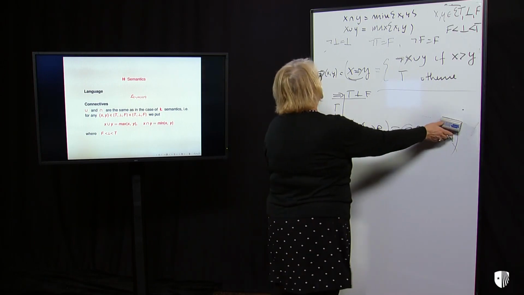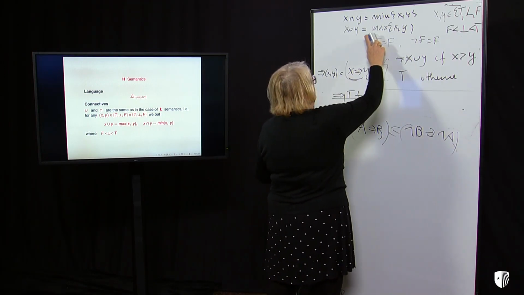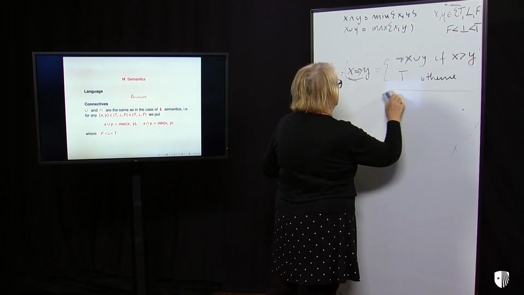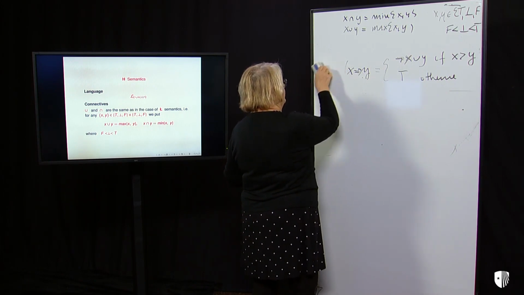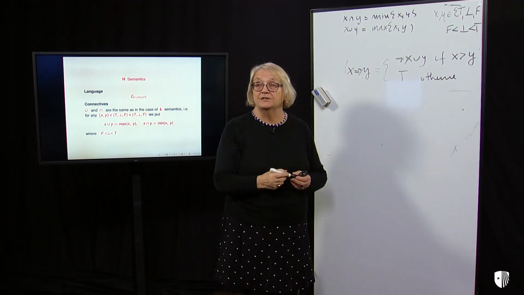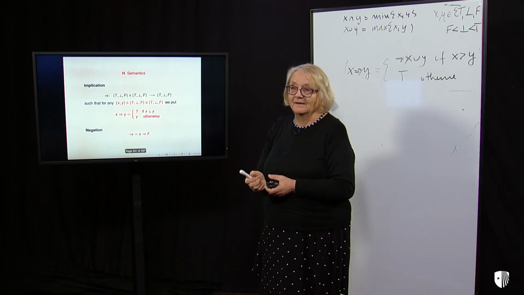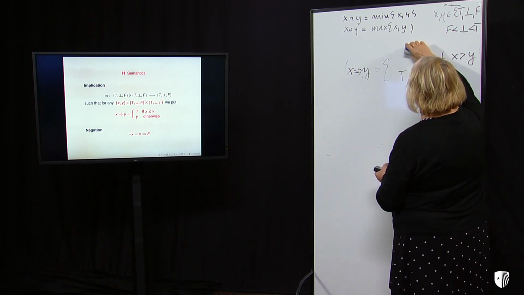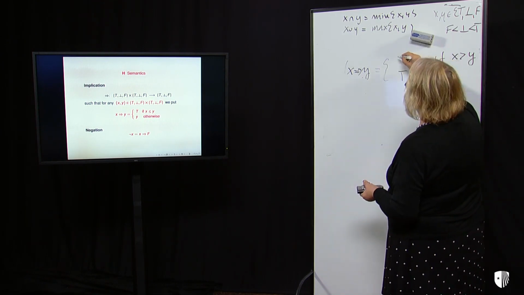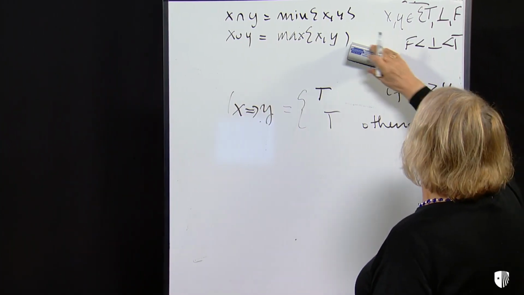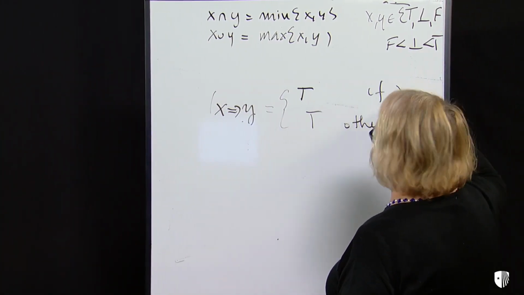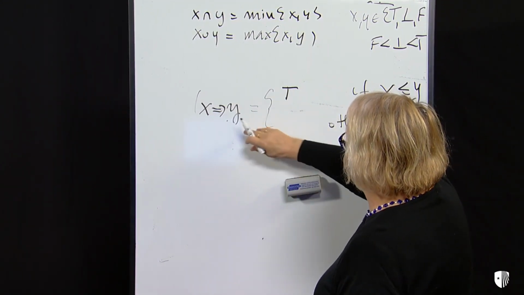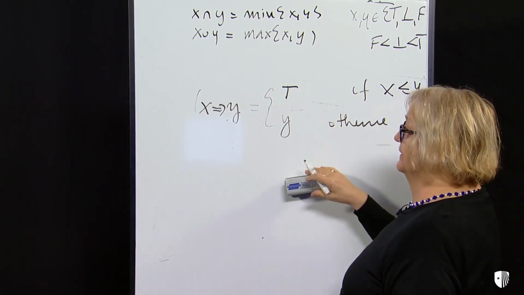Now, Heyting implication: X implies Y is T if X is less than or equal to Y, and Y otherwise.